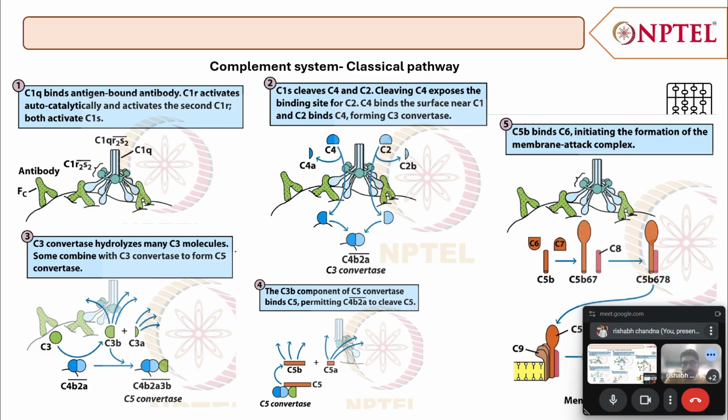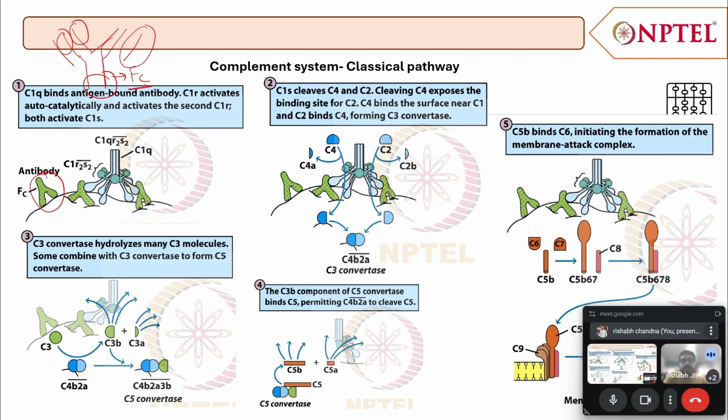Now this is the pathway. First, as you can see here, this is the antibody. The antibody has two regions, basically the heavy chain and the light chain. The light chain is a single chain and the heavy one is a dual chain. Then it has an Fc region.